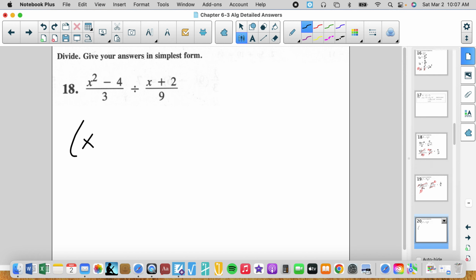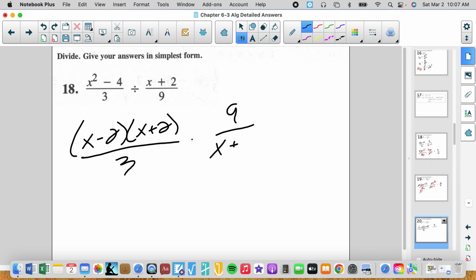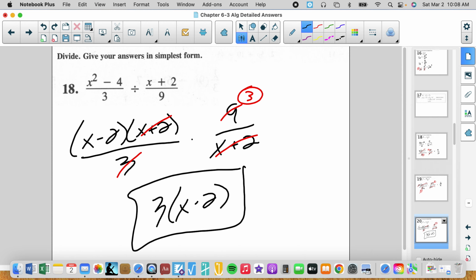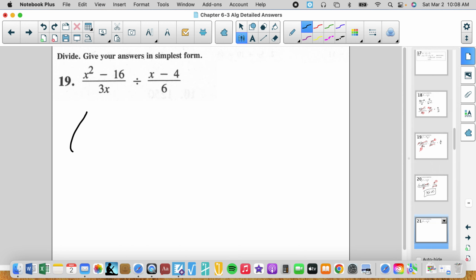We'll factor that. That's the difference of squares. Hopefully you are getting better at noticing or recognizing the difference of squares. X plus 2, 3, and that leaves us with 3 times the quantity x minus 2. We don't have to distribute out. We can just leave that. That's the difference of squares.